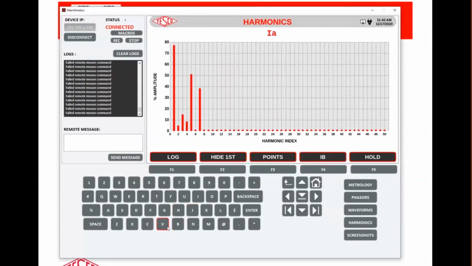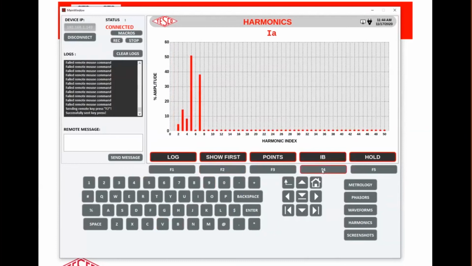We've also got some others in the situation, and I can also hide that first harmonic so that we can get a much better view of the smaller harmonics that are involved.